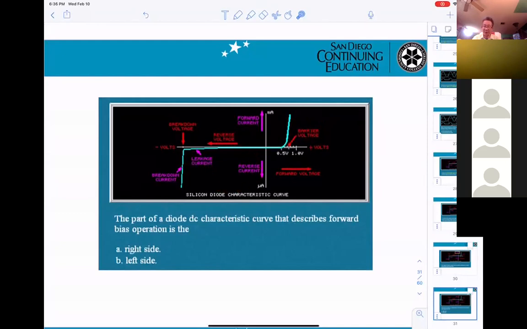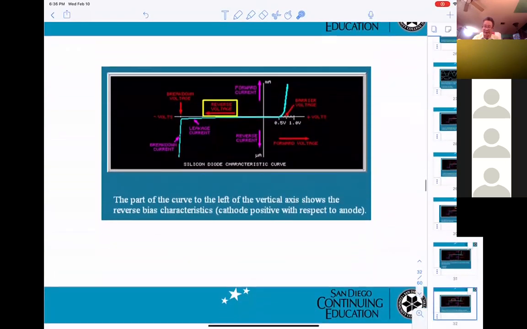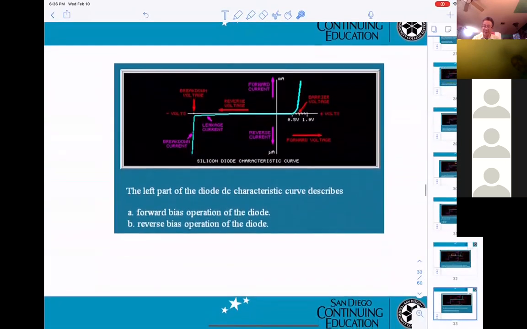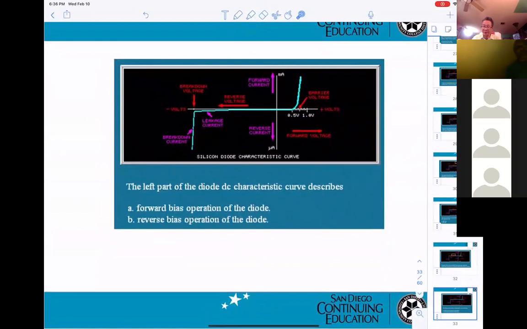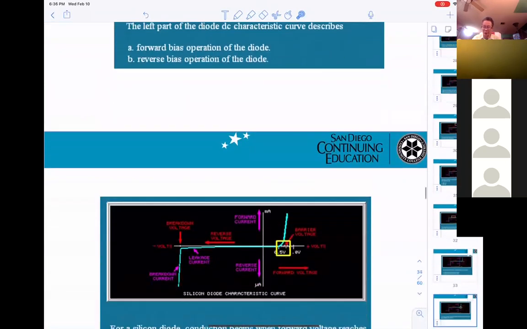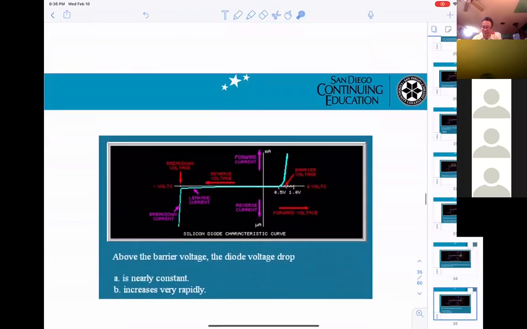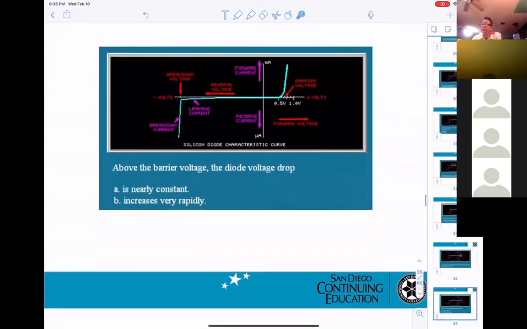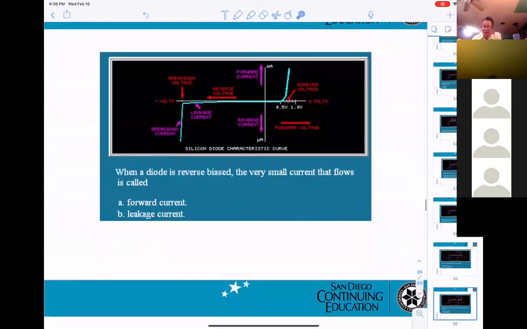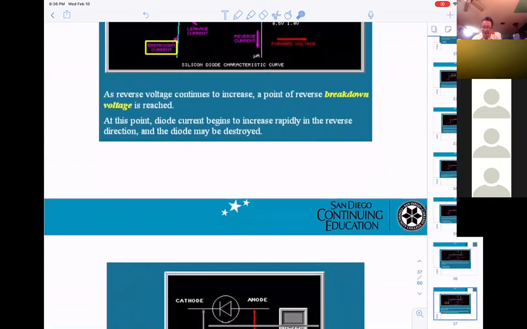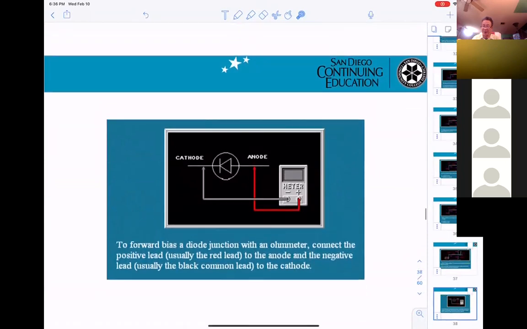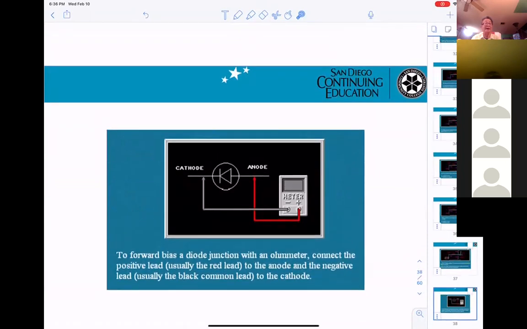So this will be the right side, and this will be the left side. That's so easy. This one you need to read. Now, this is how you can test the diode.